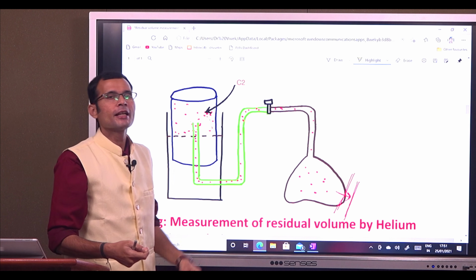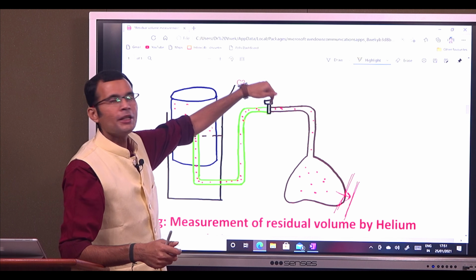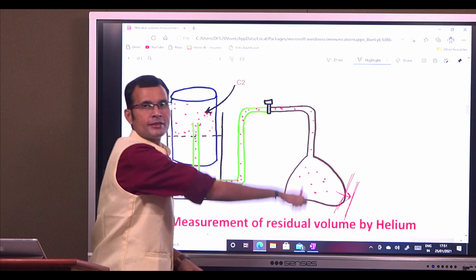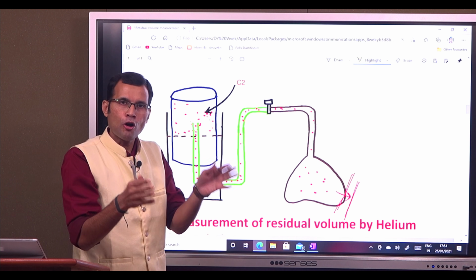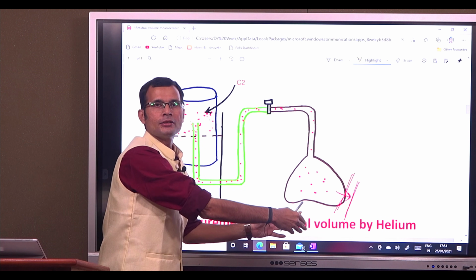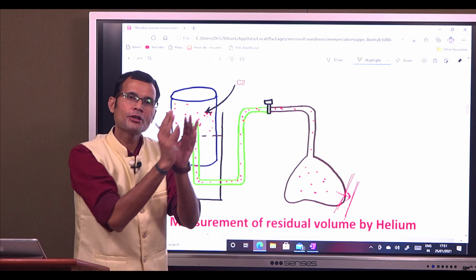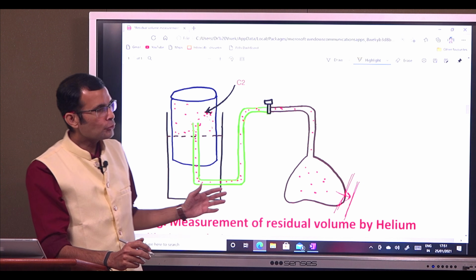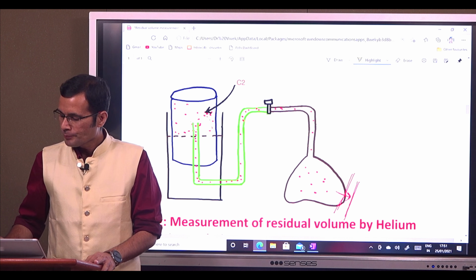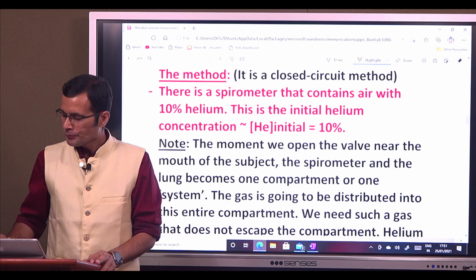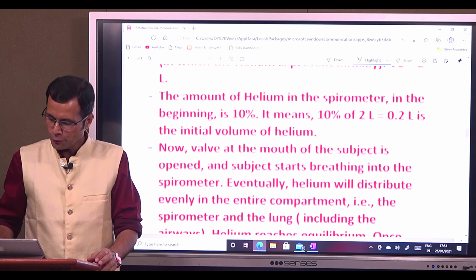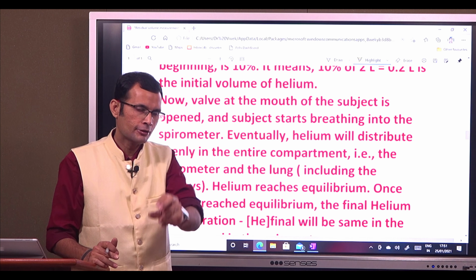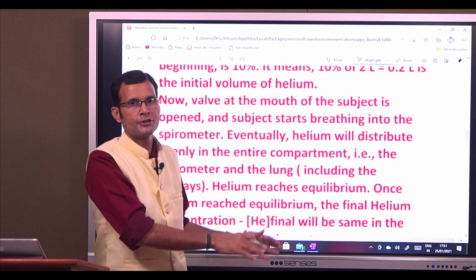I repeat once again, you must understand this: opening of the valve creates one system of spirometer plus the lung volume. Once you understand that, you have understood the method completely. So, if the procedure was started when the lungs were at residual volume, that means the VL, the lung volume which we are measuring, is the residual volume.